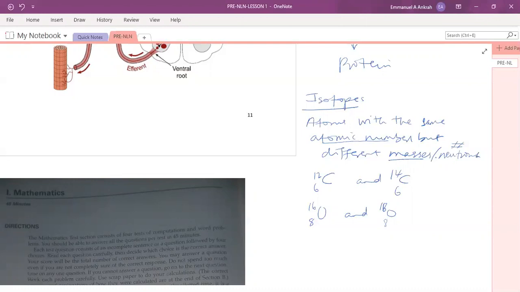B, messenger RNA. What number is this? 58. Page 241, number 58. Okay. So the first step by which mutation may occur is a change in the location of the nitrogen base in DNA. B, messenger RNA. C, transfer RNA. And D, amino acid in a protein synthesis.